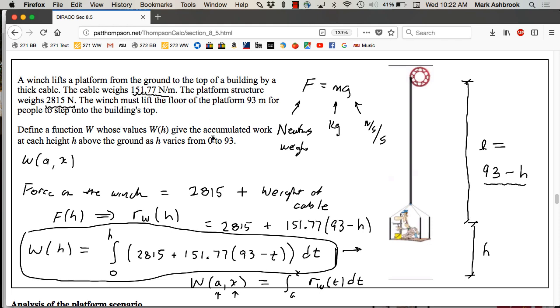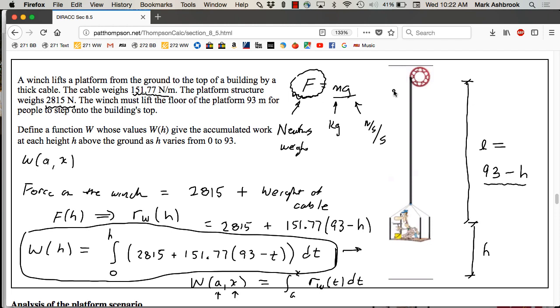Were we given mass? So we've got the weight of the cable in newtons per meter, the weight of the platform in newtons. So do you see that just from the get-go in this problem, everything we had was already in weight, so we don't need g. G would come in if we were given things in kilograms. You see that? If we were given masses of things and we needed the weight, then we'd multiply by g. But everything was just given to us as weights, as newtons. So we didn't need that. Does that answer it?